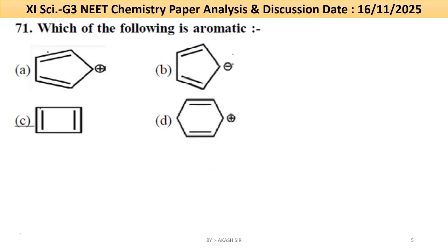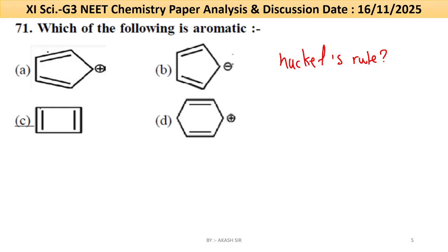Which of the following is aromatic? Dear students, this question is very important and such questions will be asked in your NEET examination. Now, what are aromatic compounds? To determine whether a given compound is aromatic or not, how do we decide? We need to apply Huckel's rule.